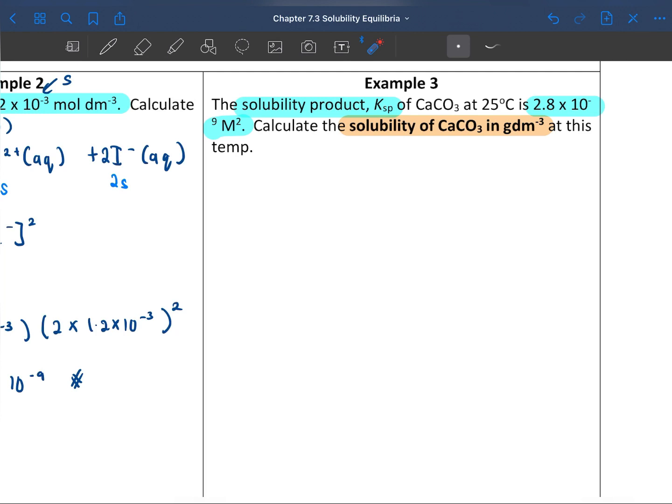Same as before, we need to write the equation first.